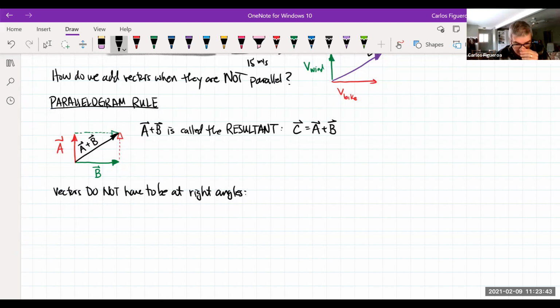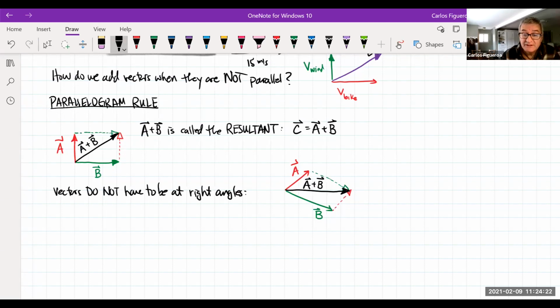So let's say that A looks like this instead, and then B looks something like this. Then the same process occurs. I move my vector B parallel, I move my vector A parallel to that. And then I connect the tails to the tips. So that would be my resultant here, and these are not at right angles.